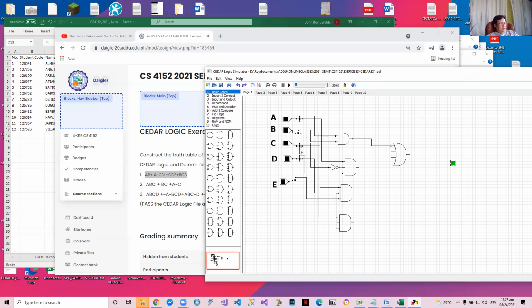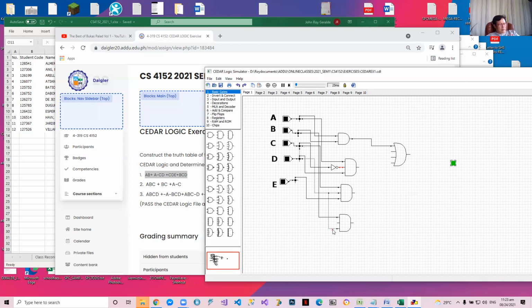This is a C. This is a D. And this is an E. So we still have one more B, and one more D. So what we have is B, C, D. We have a B. We already have that B. And then we need a C. Where does this come from?